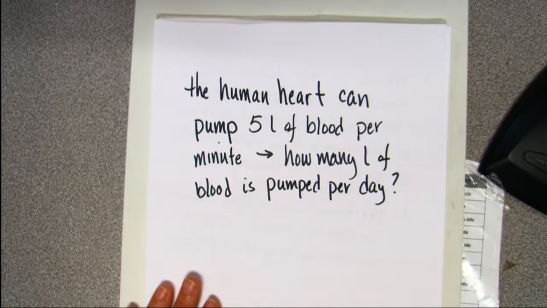Actually, the human heart can pump up to 7 liters of blood per minute. Average is about 5, and that's also highly dependent upon the person itself. But the average is about 5 liters per minute.